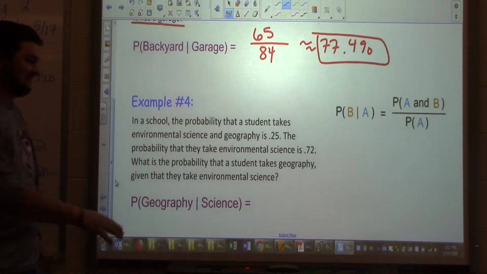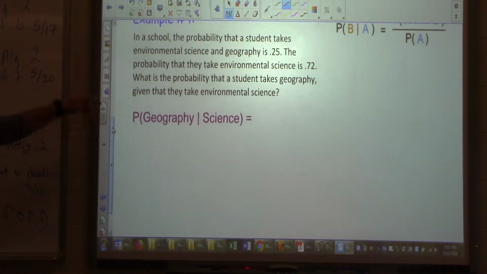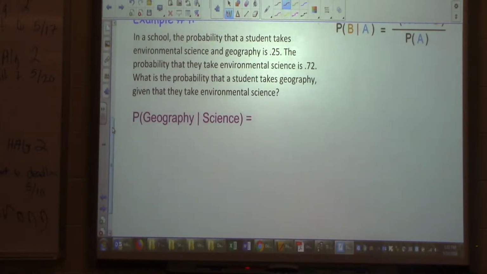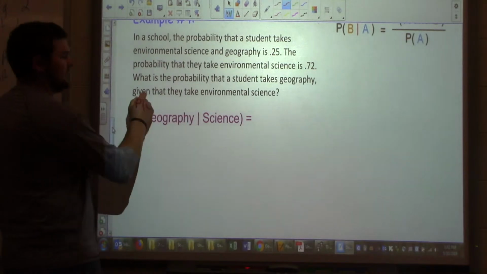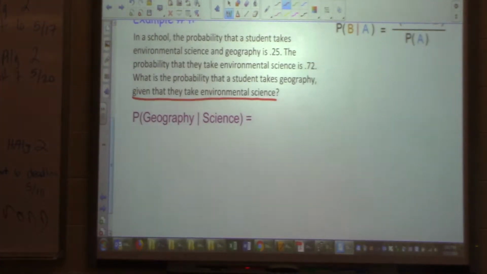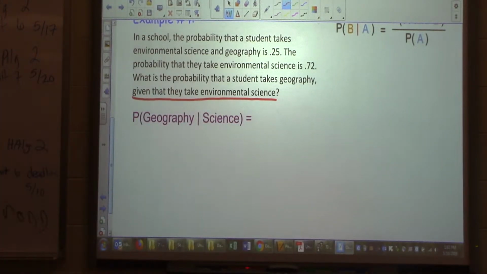Alright, going on. In a school, the probability that a student takes environmental science and geography is 0.25. The probability that they take environmental science is 0.72. What is the probability that a student takes geography given they take environmental science? So we're looking at the probability of geography given that they already take science.